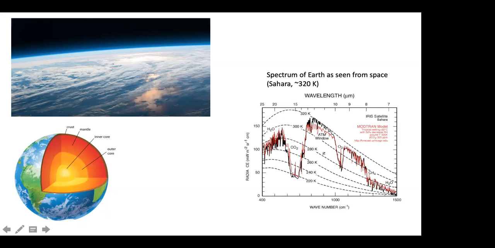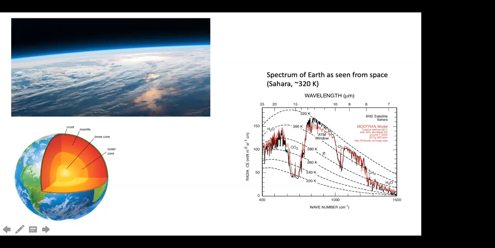You see that, yes, there is something that resembles a black body at 320 Kelvin, but superimposed to that, there are huge regions of absorption by molecules, this is in the infrared, of course: water, ozone, CO2, and so on.